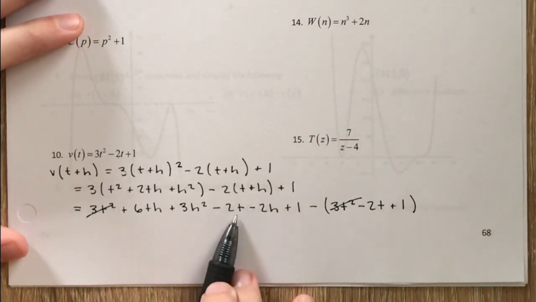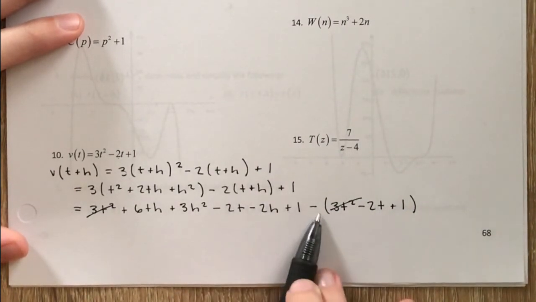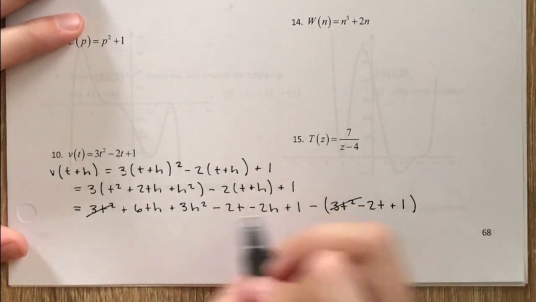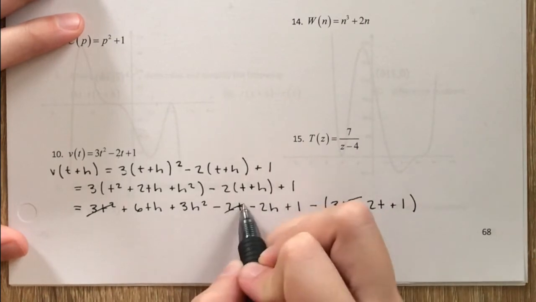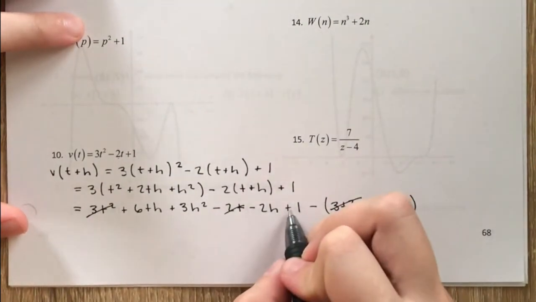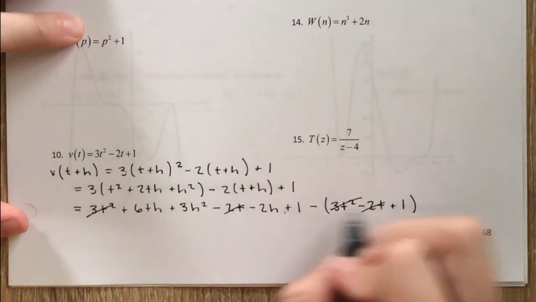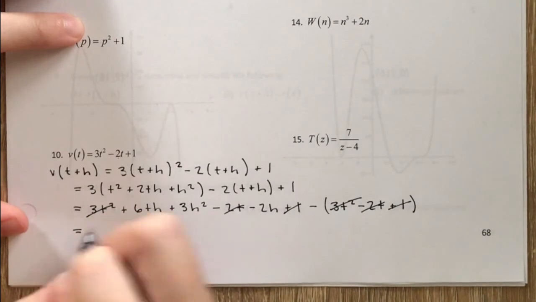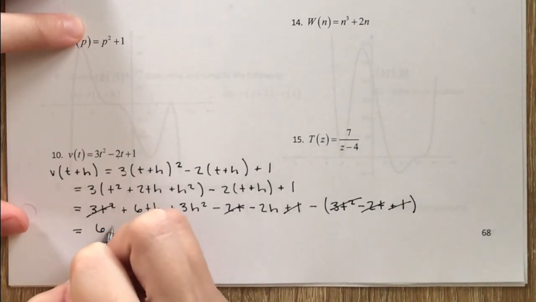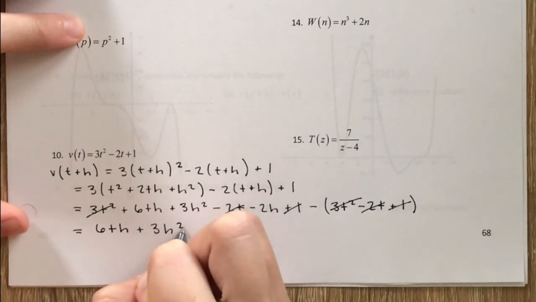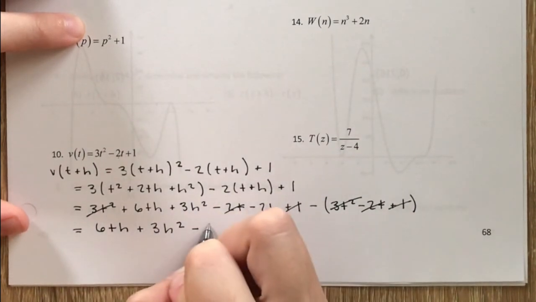We have minus 2t and minus 2t, but this one's getting subtracted, which will make this addition, so these guys cancel. And we have plus 1 and plus 1, but subtracted, so these guys will cancel. So we have left 6th plus 3h squared minus 2h.